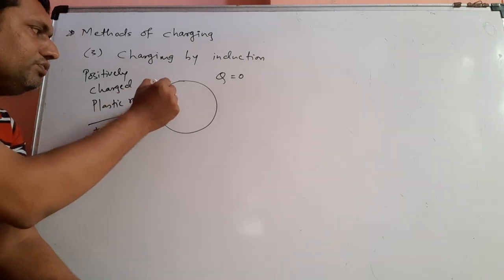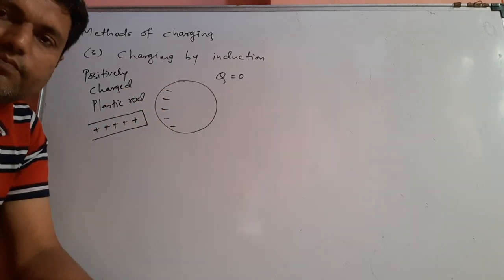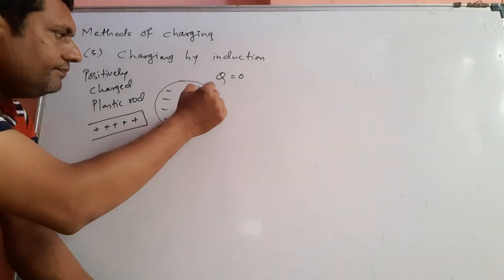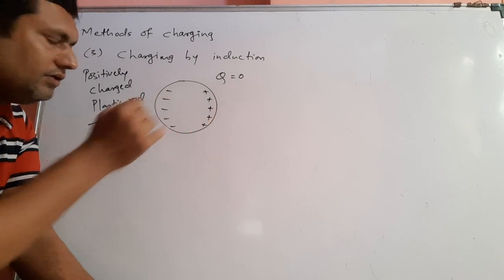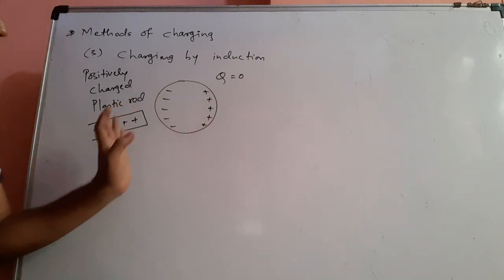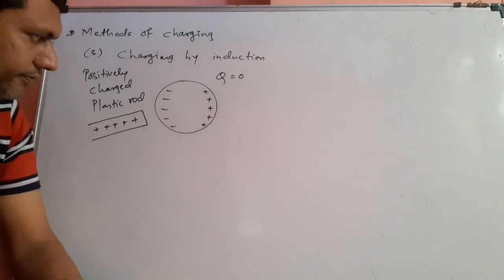So obviously negative charge inside the body gets attracted towards this plastic rod, the positively charged plastic rod. We know that like charges repel each other, so positive charges get repelled to the other end of the body.